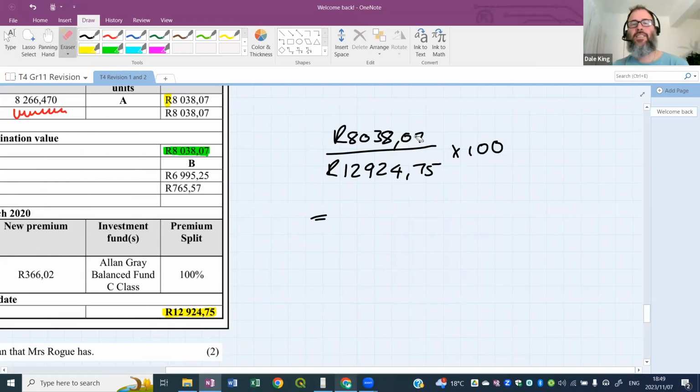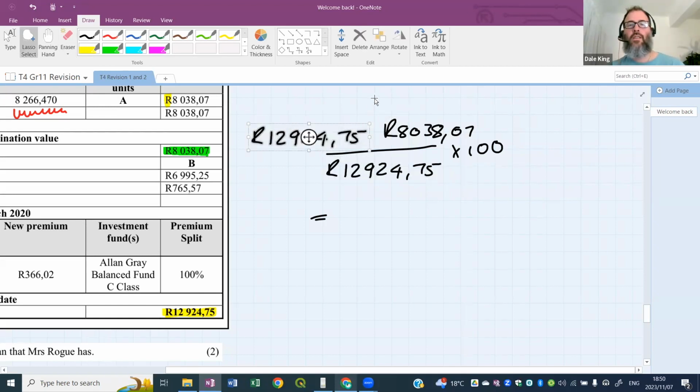Oh, there we go, sir. I just noticed the small mistake as soon as you said how much it dropped. So we're going to take the 12,924 and 75 cent, and then you're going to subtract. You're going to say 12,924 minus 8038.07, and then it will give you 4,886.68.